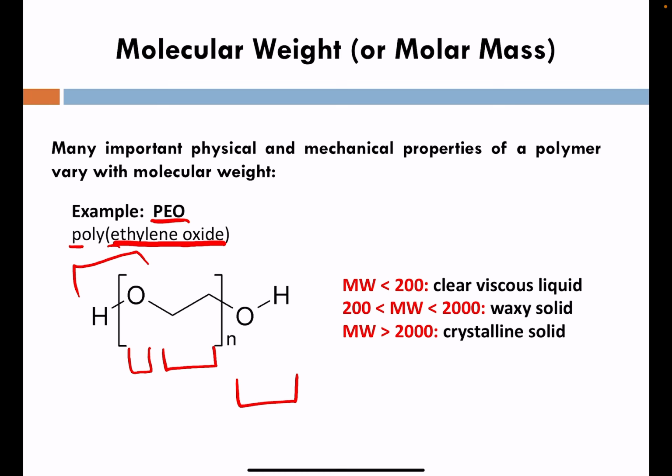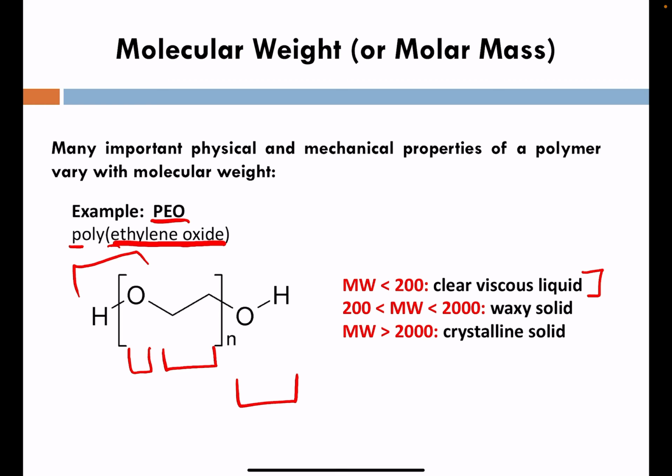Families of polyethylene oxide can exhibit different characteristics depending on molecular weight. Should the set of molecules present be less than 200 grams per mole, we can expect the material to be a viscous liquid that is clear. If the molecular weight range of all the molecules present is between 200 and 2000, we start to see the material behaving like a waxy solid, similar to your candle wax.